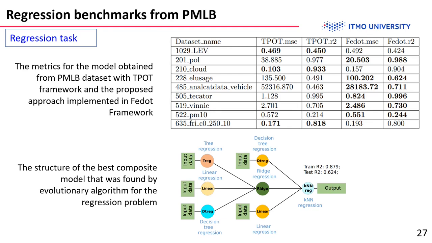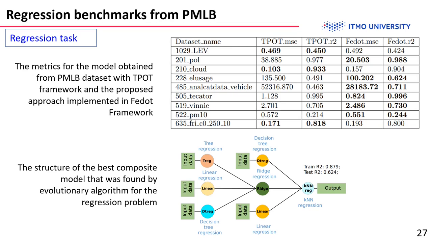The other set of examples used to validate the implemented approach is the regression benchmarks from the PMLB library. It is a well-known set for validation of automated machine learning techniques.